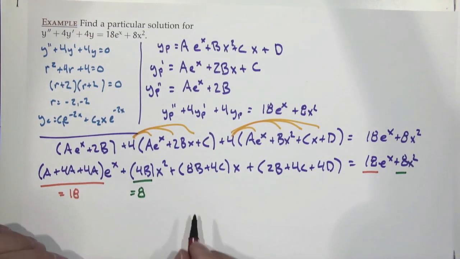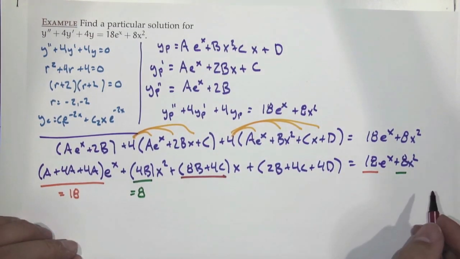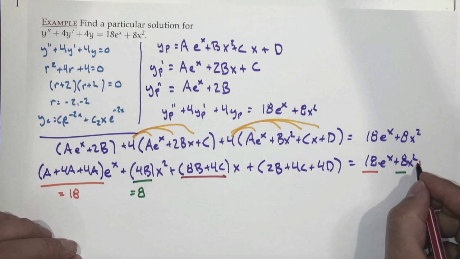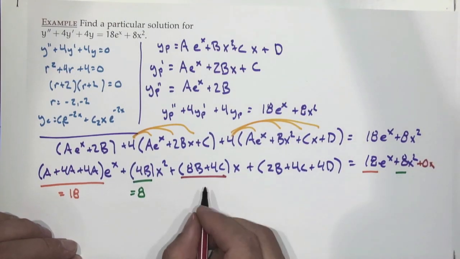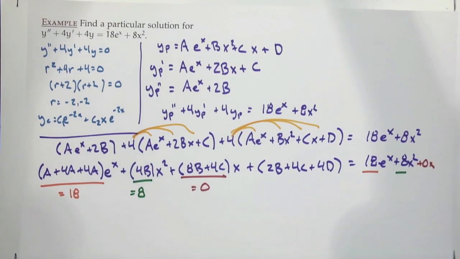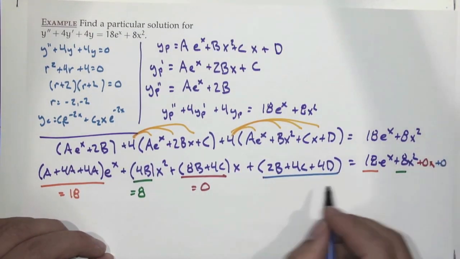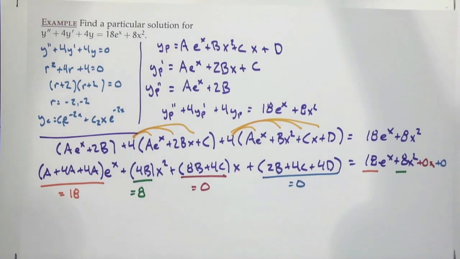And similarly, 8b plus 4c has to, wait, there's no x. Oh, shoot. What happens? Yeah, it's 0x. So that has to equal 0. And of course, bringing us home, this part also equals 0.